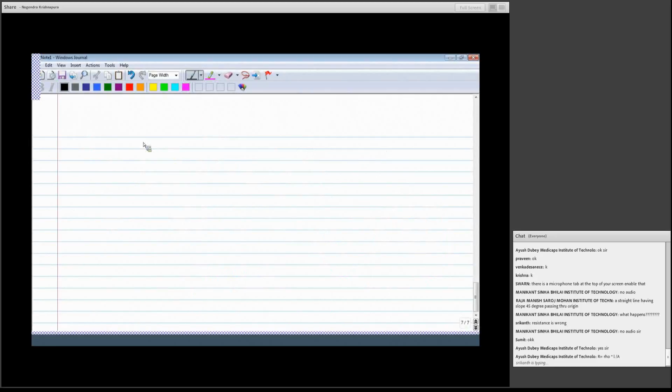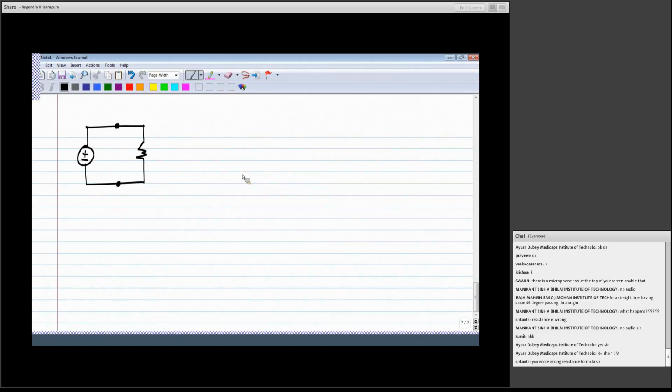So what does a resistor do? If I connect a voltage source and a resistance like this, it's pretty obvious that the voltage across the resistor equals the voltage applied by the voltage source. Okay.